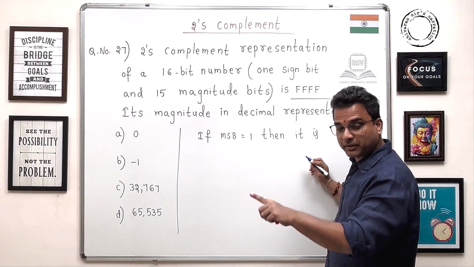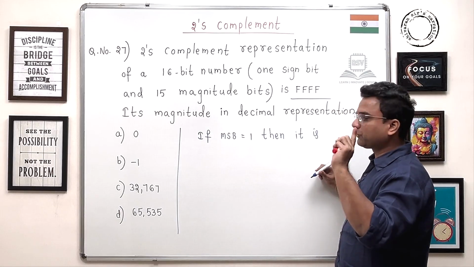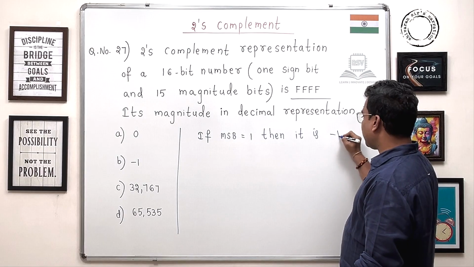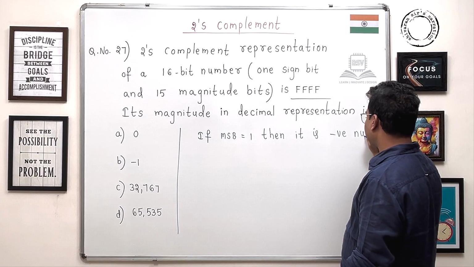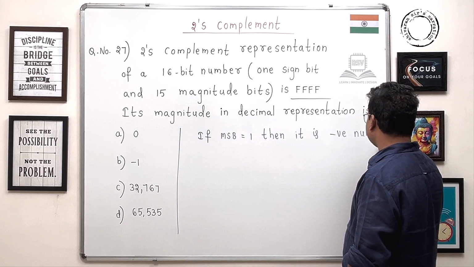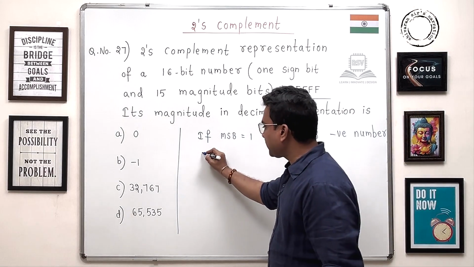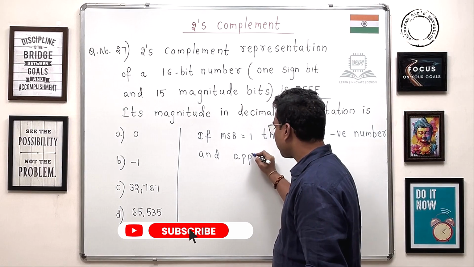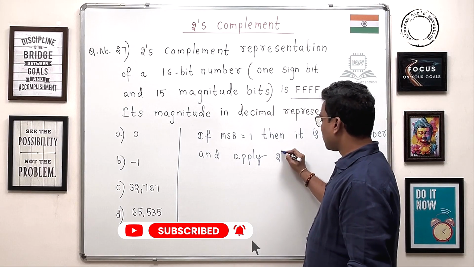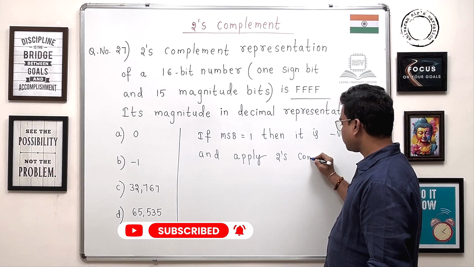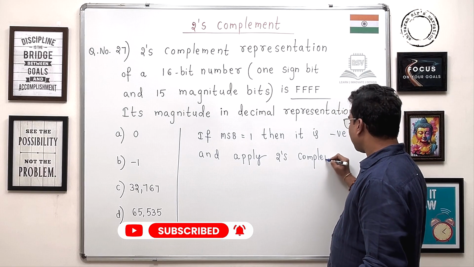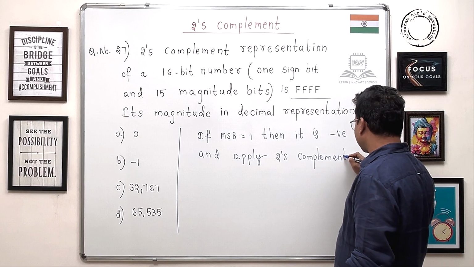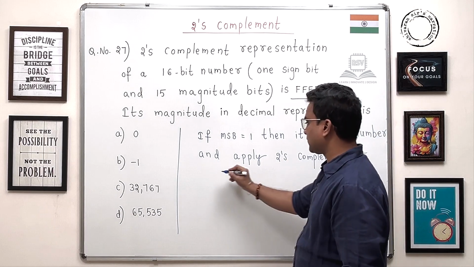The final decimal number will be negative only. It is a negative number, and apply 2's complement to get the final answer.